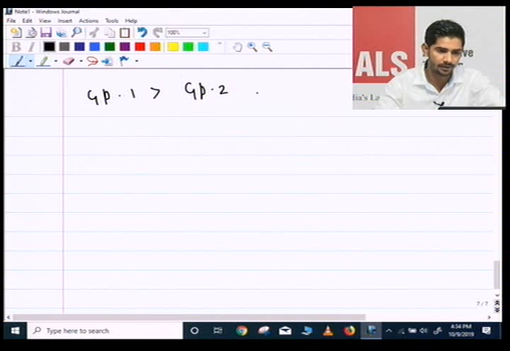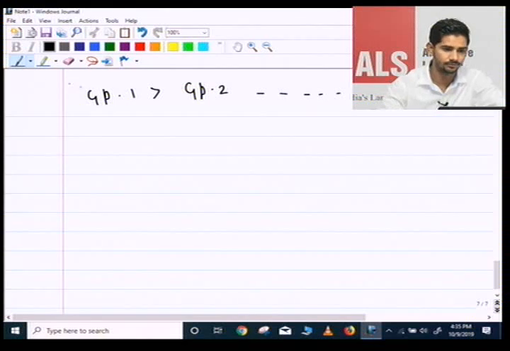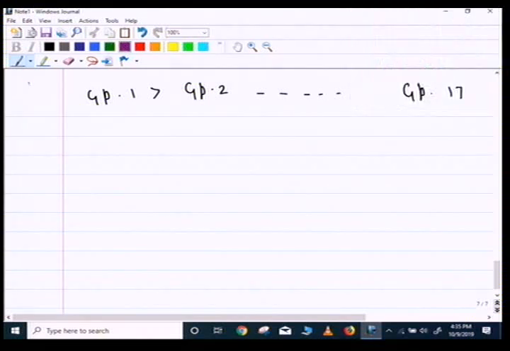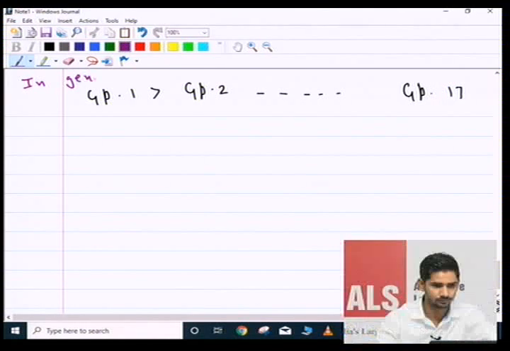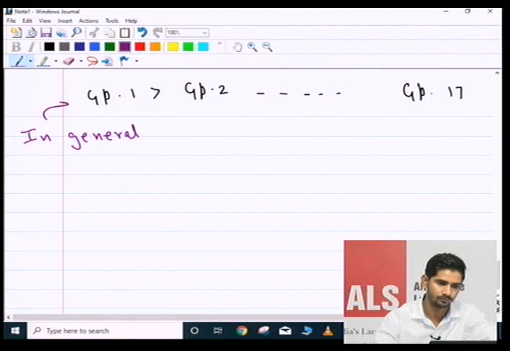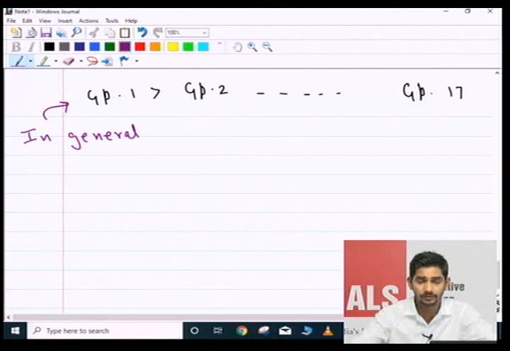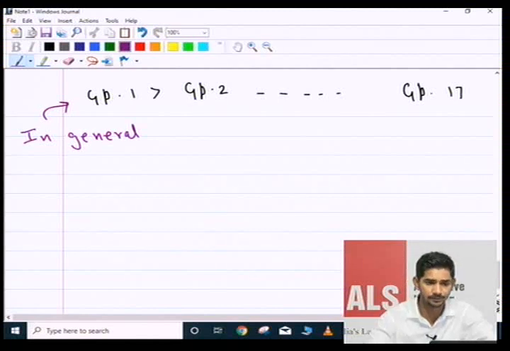And on moving from left to right, in general, group 17 has the least size. In the periodic table, group 1 elements have the largest size, whereas group 17 has the smallest size. It decreases in this manner.